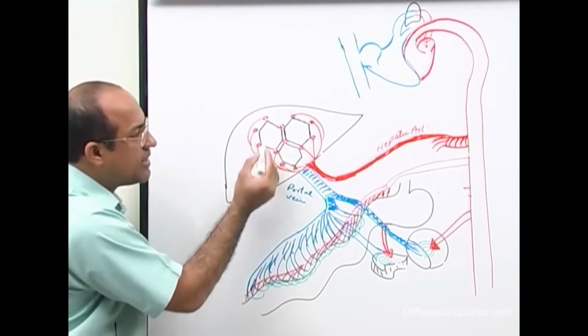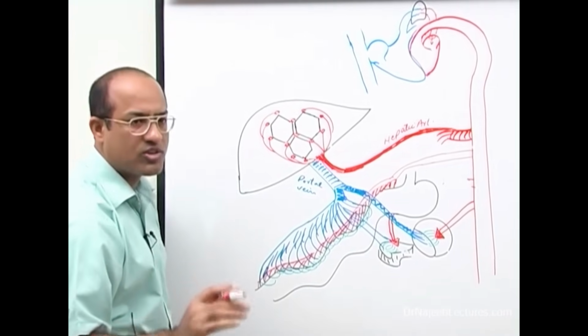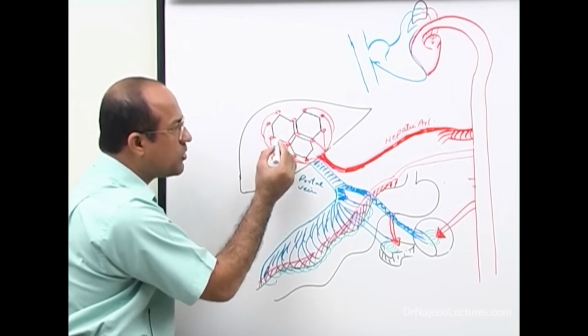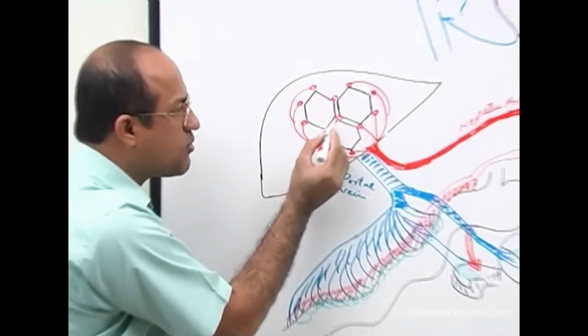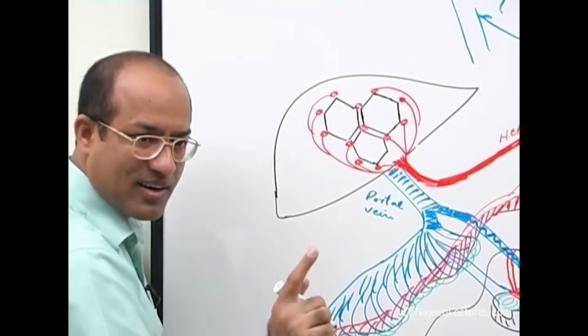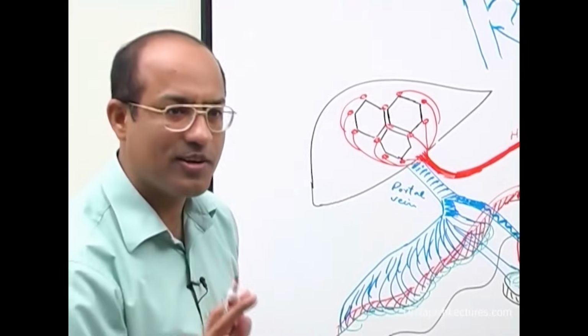So now I will not use the word classic lobule, I will just call it liver lobule or hepatic lobule. At every hepatic lobule, at its corners, we have one branch of the hepatic artery, right? And this branch is bringing fully oxygenated blood.